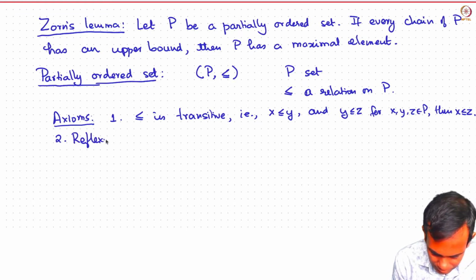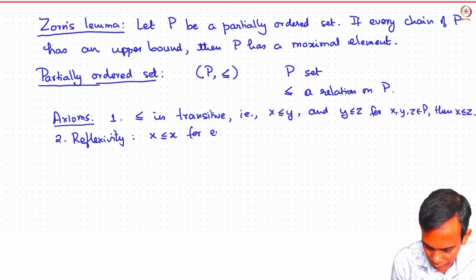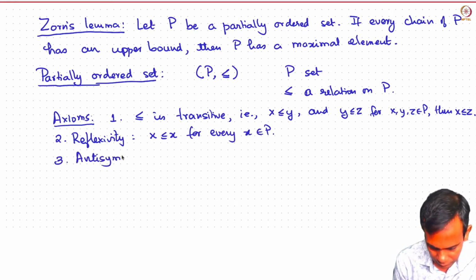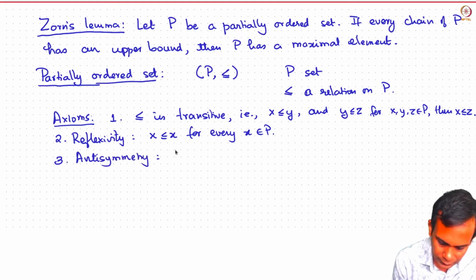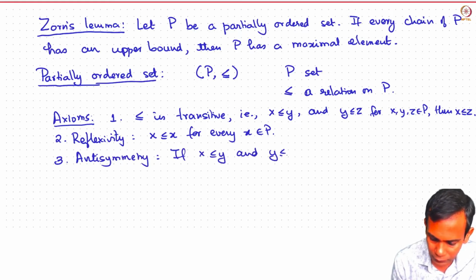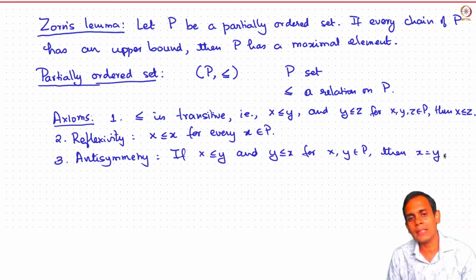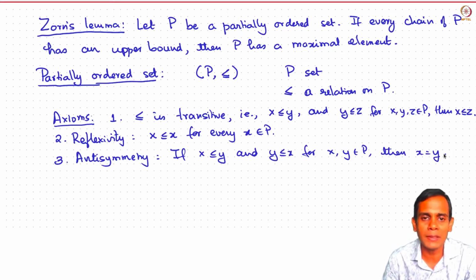It says that x is less than or equal to x for every x in P. And the third property is called antisymmetry, which says that if x is less than or equal to y and y is less than or equal to x for any x, y in P, then x must be equal to y. These three properties are all properties that you're familiar with. The natural numbers, the real numbers, or the integers all have an order relation which satisfies these properties.